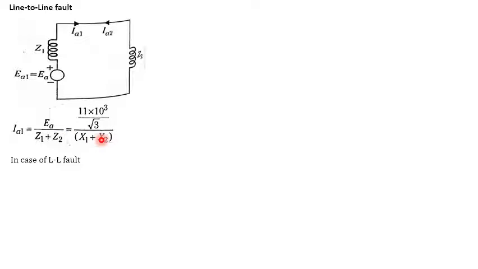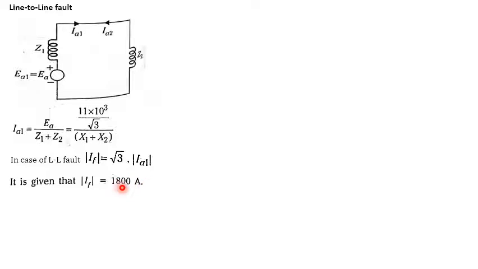For the line to line fault, this is important, this is what we need to remember: IF is equal to root 3 times IA1. This is the expression for the fault current. It is also given in the problem that the fault current for line to line is 1800 amperes.